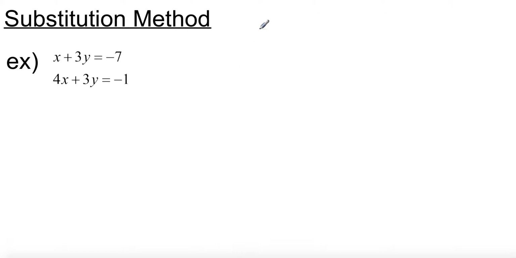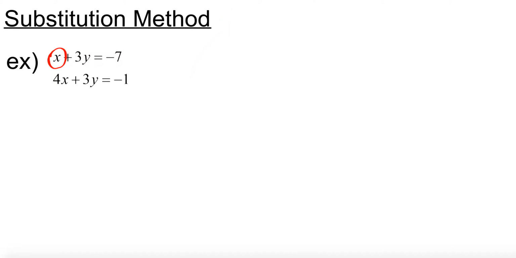Neither one of these equations says x is equal to or y is equal to. That's what we need to get to. So I'm going to have to solve either the first one or the second one for either x or y. I choose to solve the first one for x because it's just about by itself. It is a 1x, so all I have to do is move the 3y over.